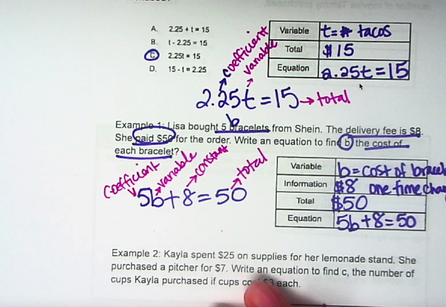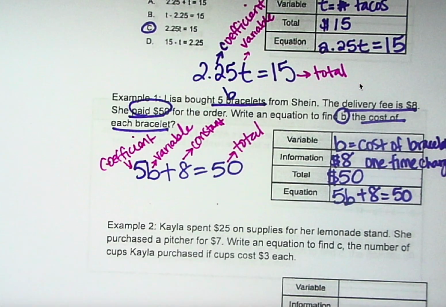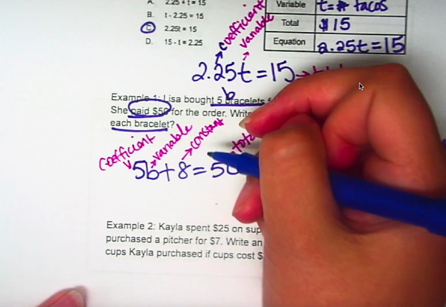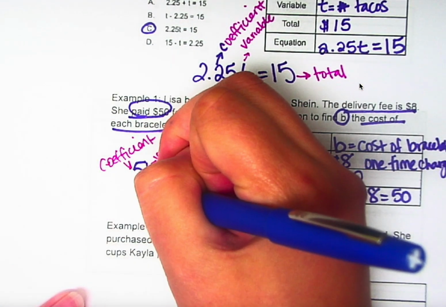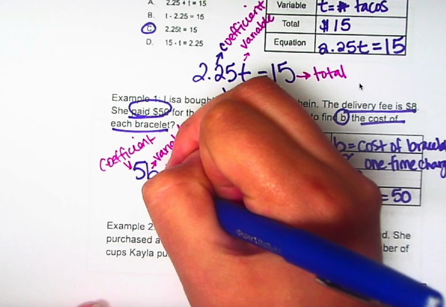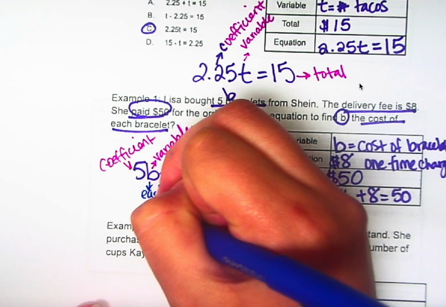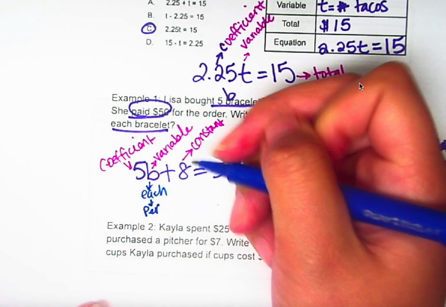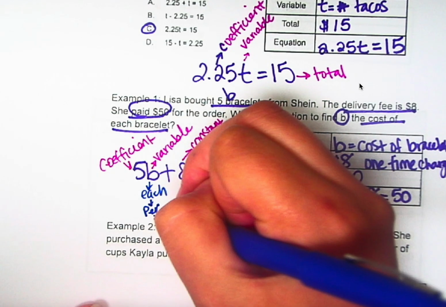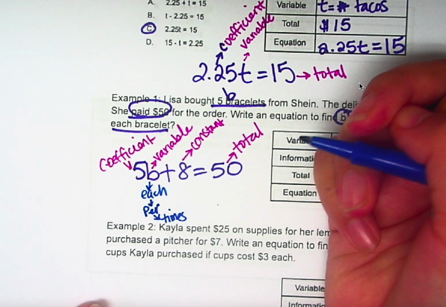Okay, so when you're doing this, the keywords you're looking for is you're looking for each. The variable could say per. It could also say times. Okay.